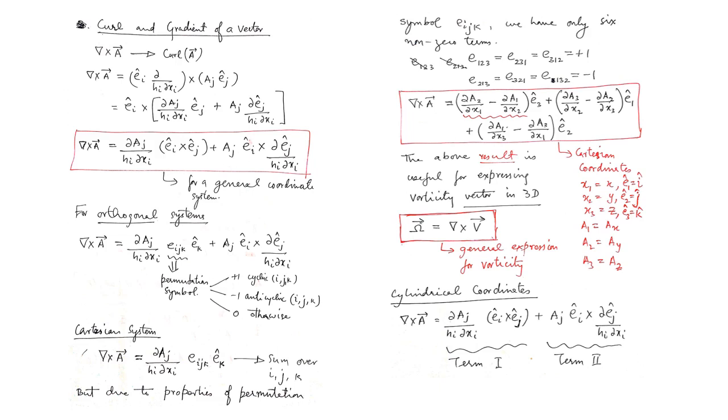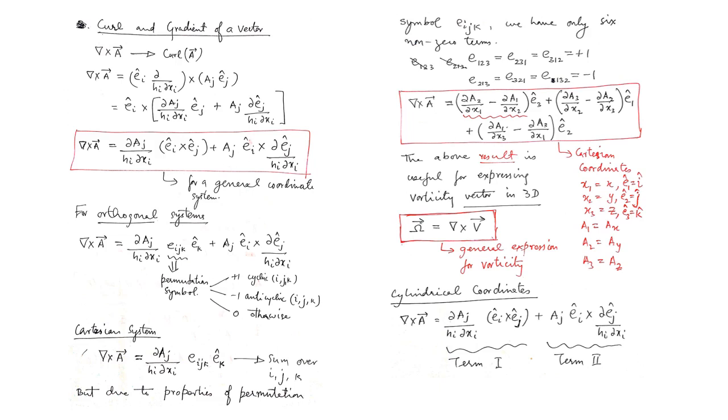Notice how we start working with this kind of operator. The first thing we do is that the partial derivative operator, del x_i, of course with the scaling factor h_i, is first operated on the second vector, which is A_j e_j, and the cross product is left as it is, e_i cross, for later on. Once you operate the derivative on A_j e_j, recognizing that e_j can also change with the spatial coordinates, we will have two quantities.